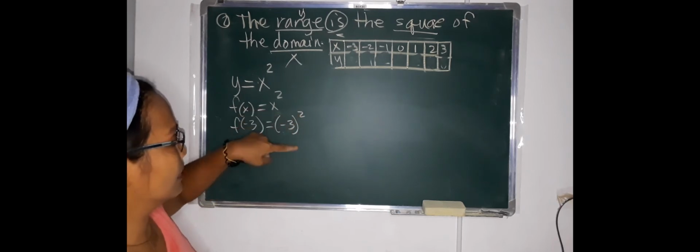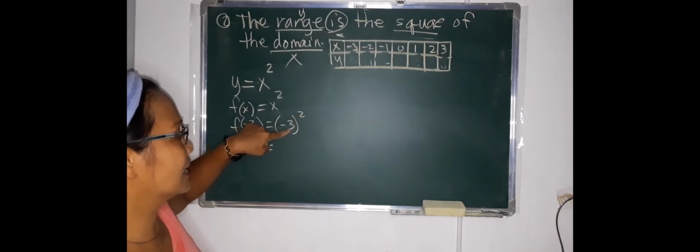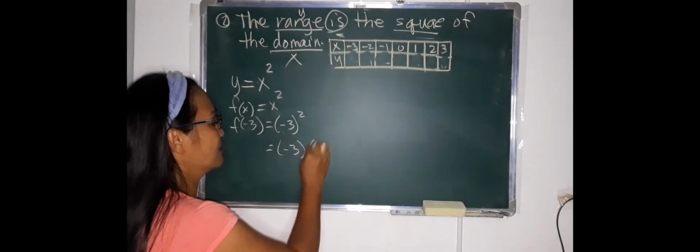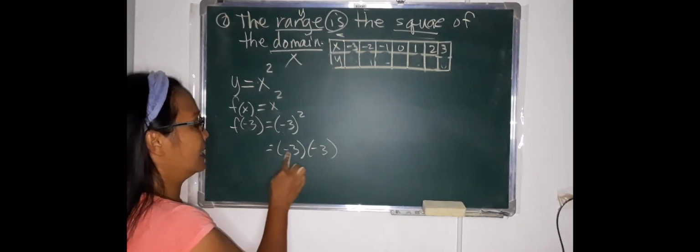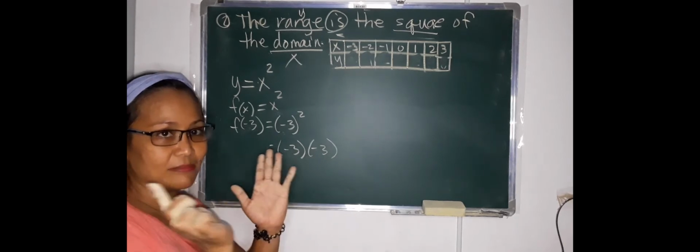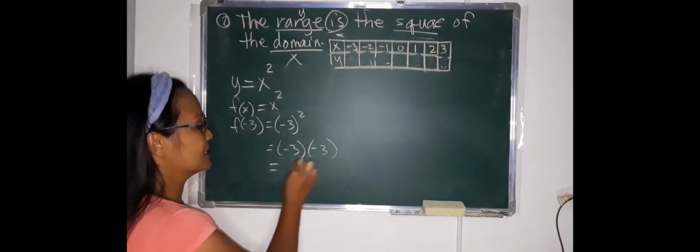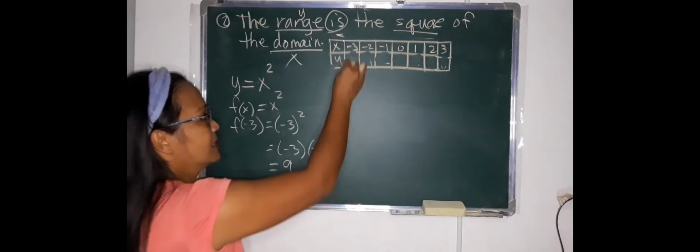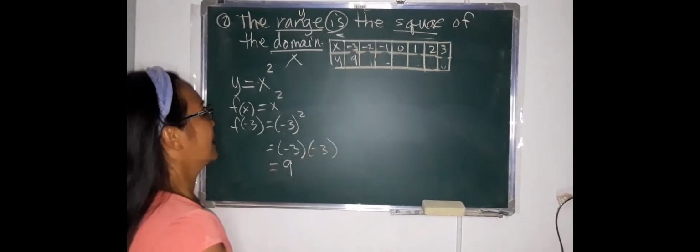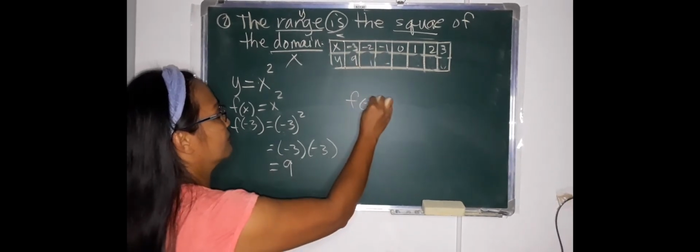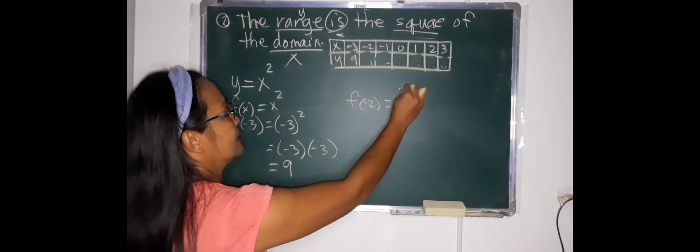So, since 2, ibig sabihin, i-multiply natin ng negative 3 ng dalawang beses. So, negative 3 times negative 3. So, negative times negative, multiplying the same sign, is equal to positive. Then, 3 times 3 is equal to 9. This is 9.